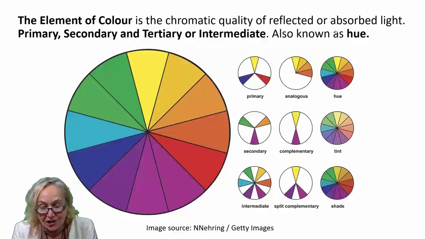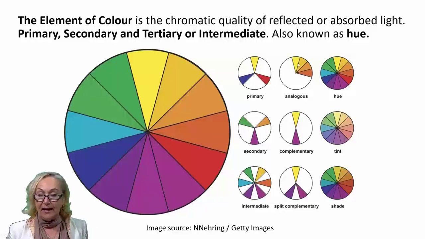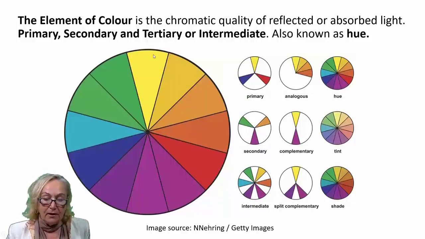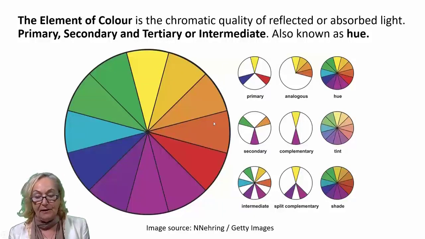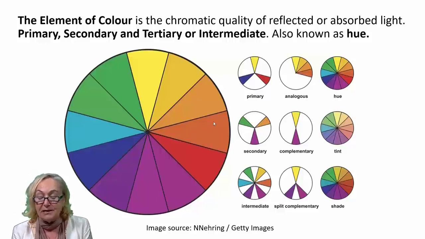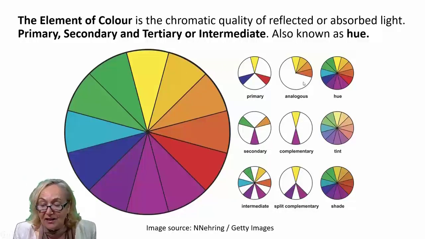Analogous colors are colors that are located together on the color wheel. When we have this kind of color grouping or relationship, we know that it'll be a harmonious design, and you'll notice that. I'll point it out in a painting further down the line in this presentation. So they get along, they're next to each other, their relationship is good.